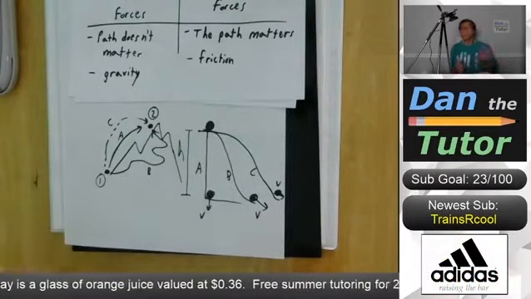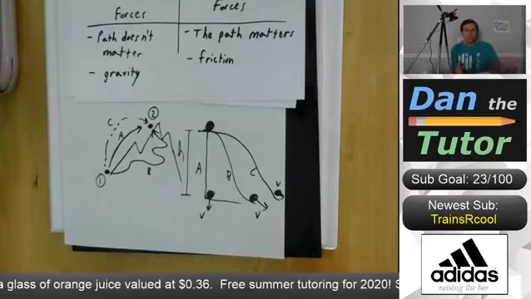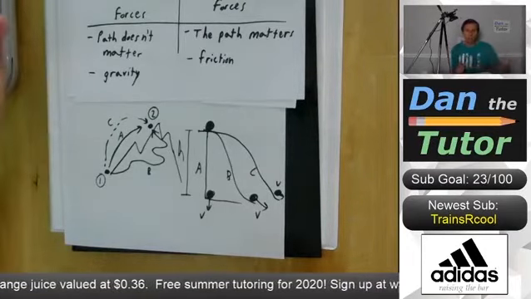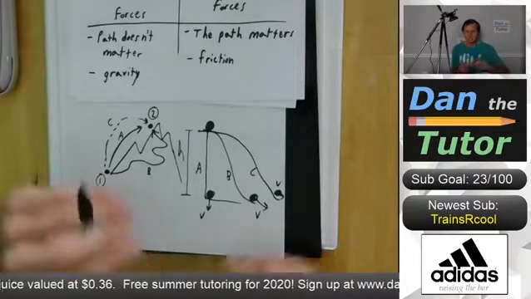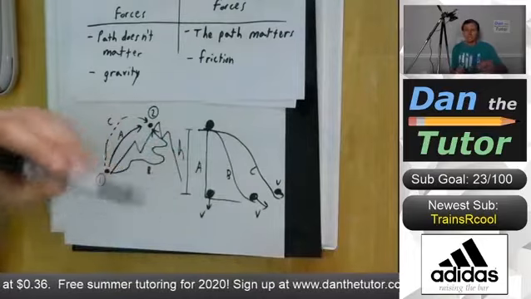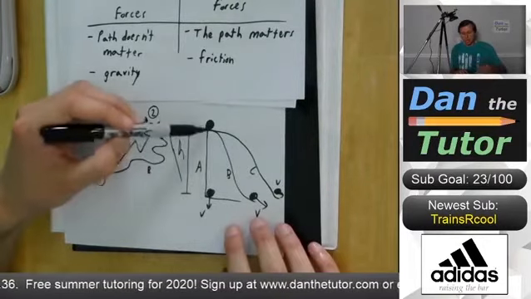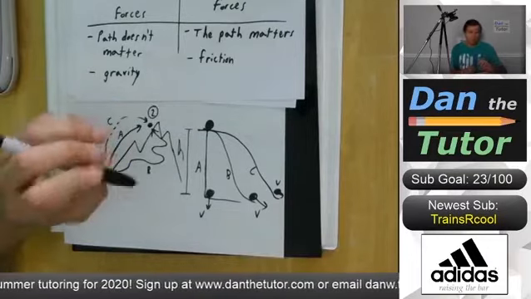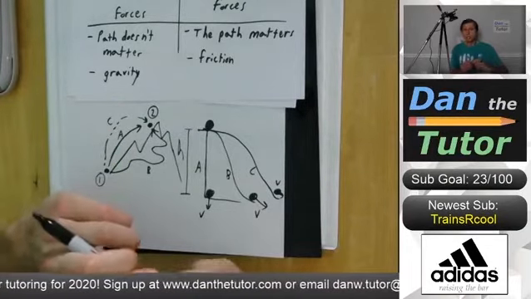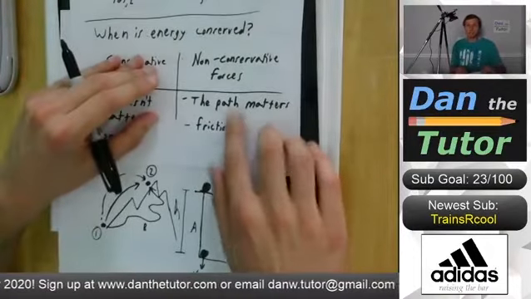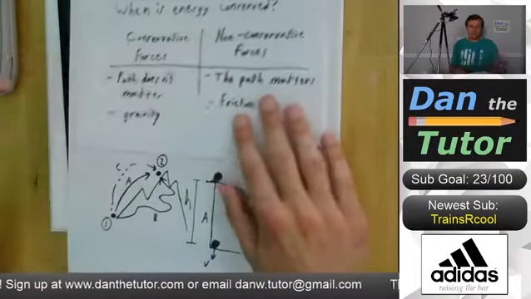In other words, it's going to convert it into things like heat and sound, a form of energy that is not kinetic or potential energy, which means the final speed at the bottom of these ramps is going to be slower than for path A, because friction is going to be touching it for the shortest amount of time. So friction is an example of how a force is non-conservative. It's taking energy out of the system.